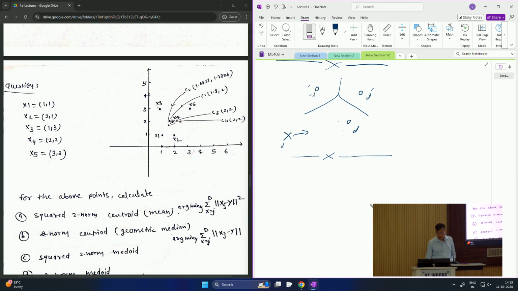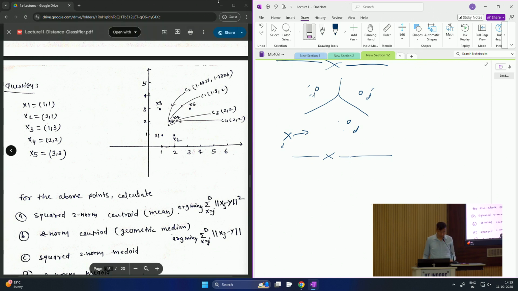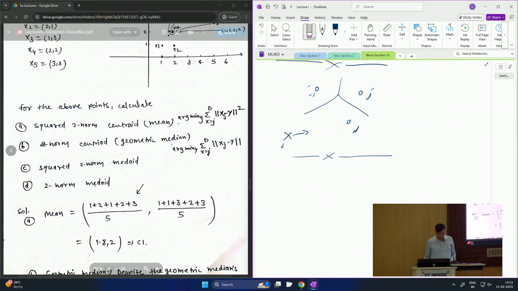So what is the squared 2 norm? You can just do it in your head, no? It's just the mean value: 3, 2, 1, 6, 6 and 3, 9 divided by 5, and then 3 to 5 and 8 and 10 divided by 5. So that is what will be the mean value, correct? You don't have to do any computation.